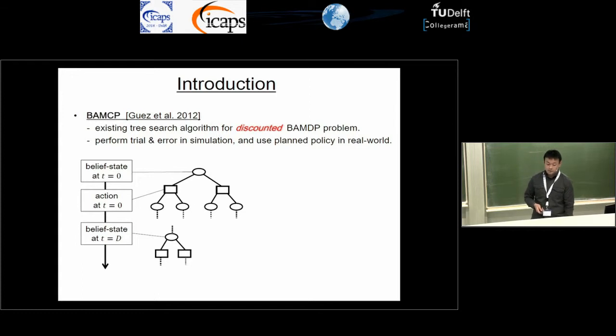This is BAMCP, namely Bayes-adaptive Monte Carlo planning, which is an existing tree search algorithm for discounted BAMDP problems. BAMCP performs trial and error in simulation and uses the planned policy in the real world.